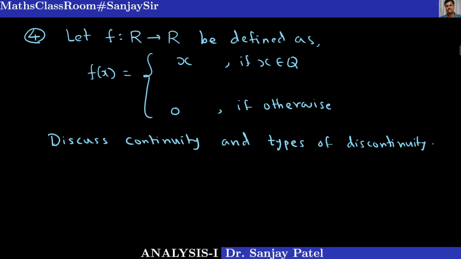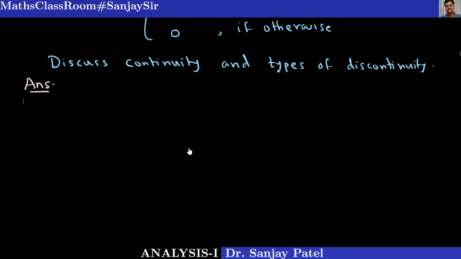Let me first make some observations regarding the graph of this function. The function is a straight line y equal to x for all rational numbers, and it is again a fixed line y equal to 0, that is the x-axis, when x is irrational. So the function's graph is again very simple. Let me show you the graph. You can also try yourself.